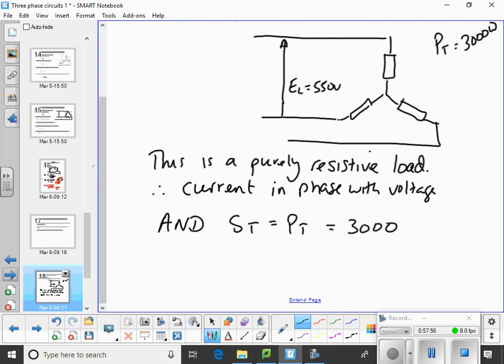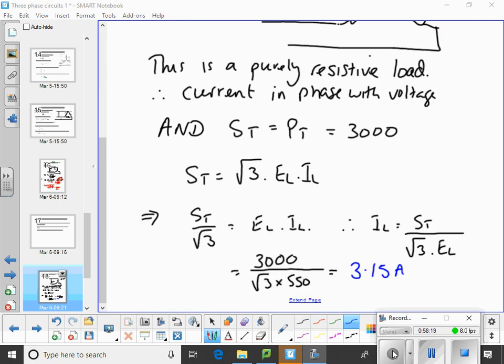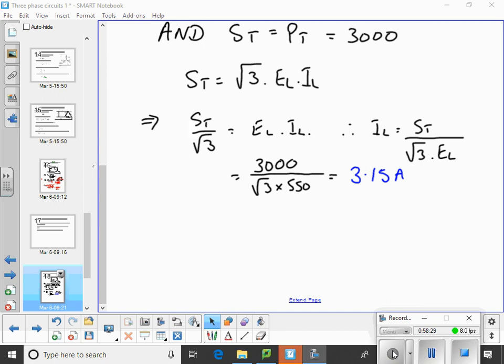What's a formula involving line voltage for ST? So, line current, 3.15 amps. So how can we find the value of each resistance?